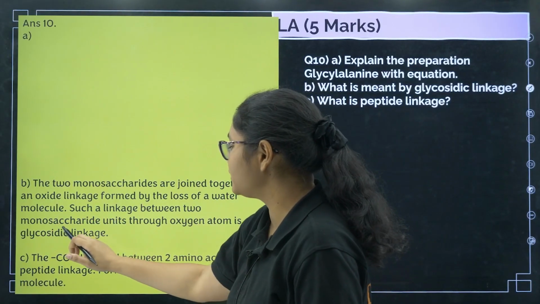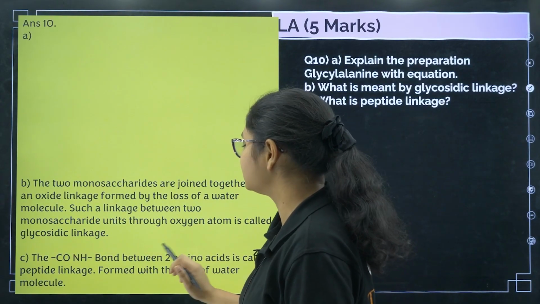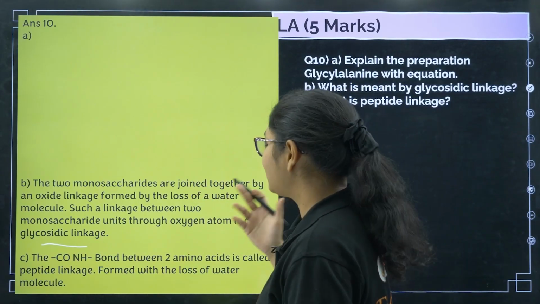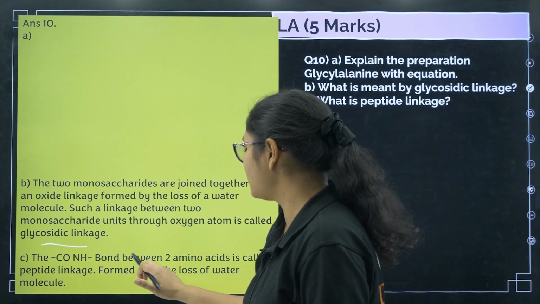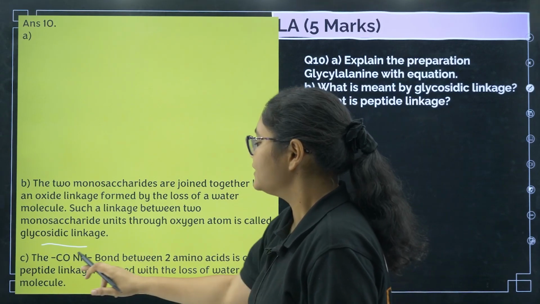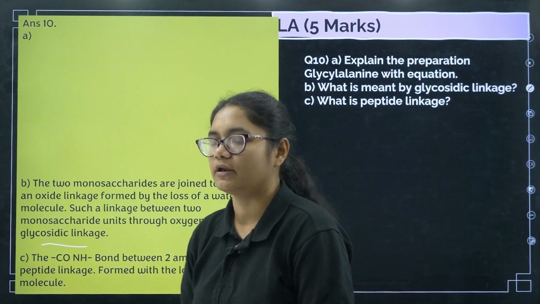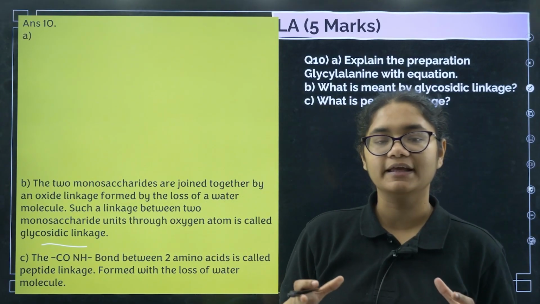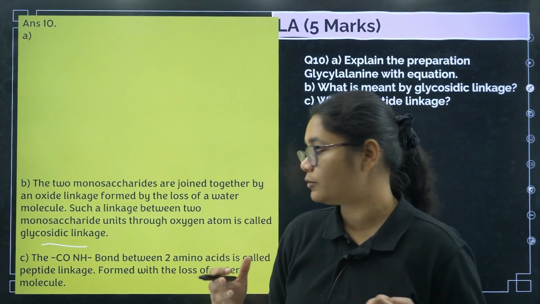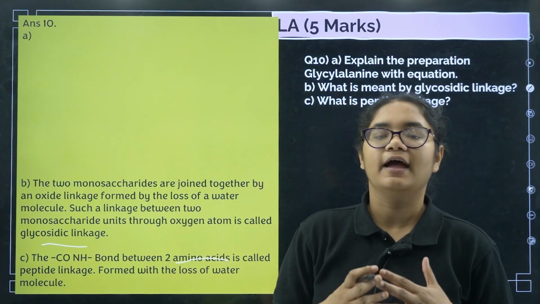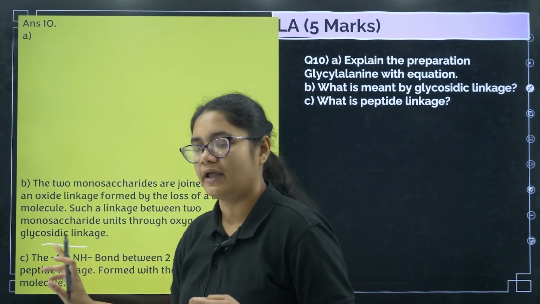Such a linkage between the 2 monosaccharide units through oxygen is called glycosidic linkage. Then what is peptide linkage? The CONH bond between 2 amino acids is called peptide linkage, formed with the loss of a water molecule. So peptide linkage is between 2 amino acids by the loss of water, and that will give you this CONH group.